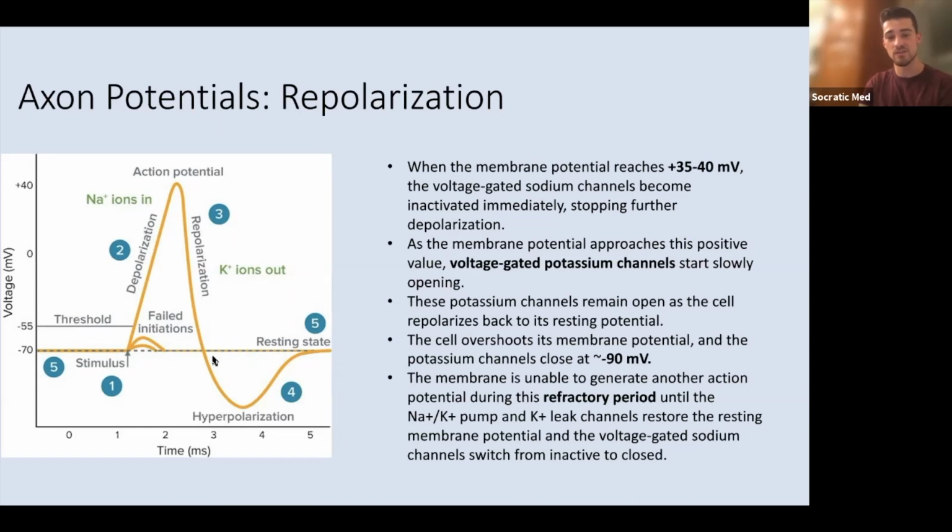They close, and then at that point, the voltage-gated potassium channels and sodium channels are not open for business. So we return back to the sodium potassium pump and the potassium leak channels. They return the cell back to equilibrium from that negative 90 millivolts right up to that negative 70 millivolts.